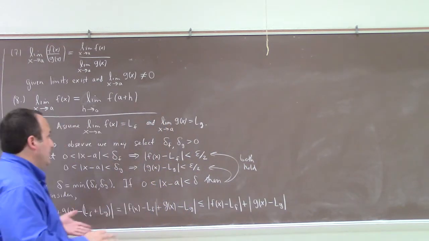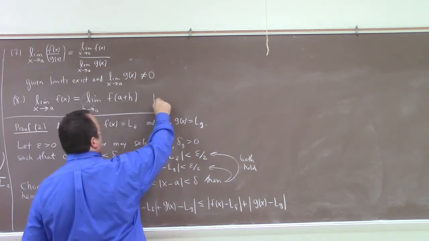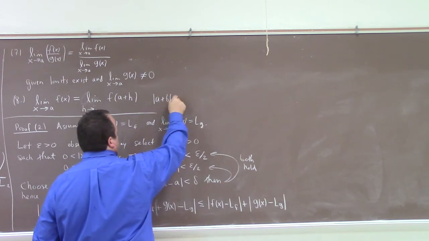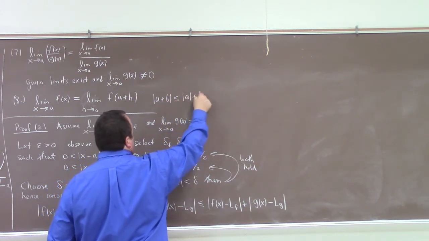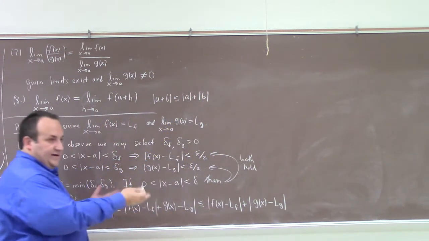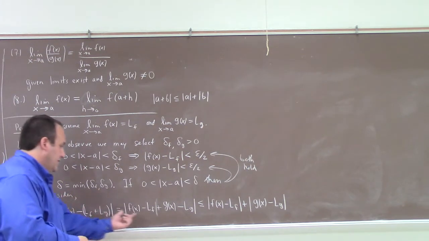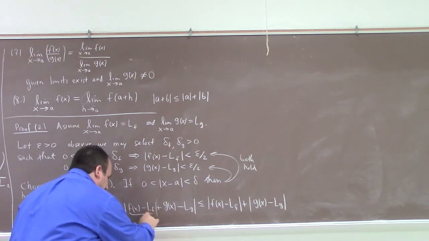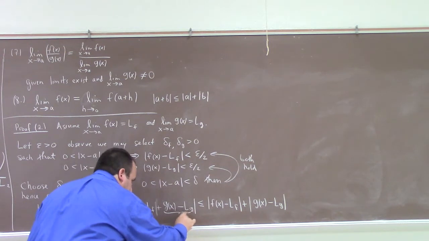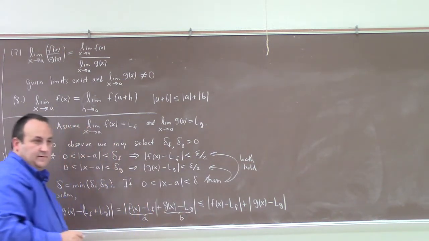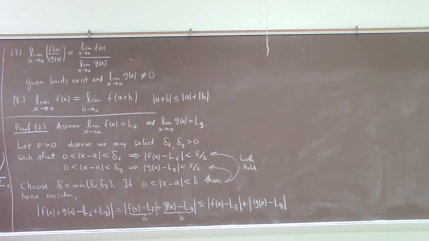Because what's the triangle inequality say? Generically, it's absolute value of a plus b is less than or equal to absolute value of a plus absolute value of b. That's the triangle inequality. I'm applying that here, thinking of this as being a and thinking of that as being b, all right? So just triangle inequality. Now, what's the game I'm playing?